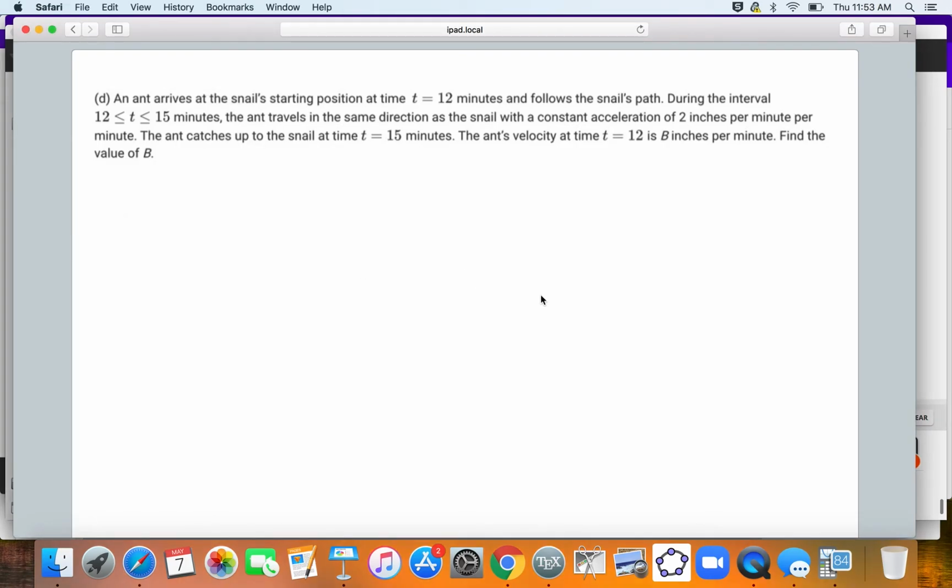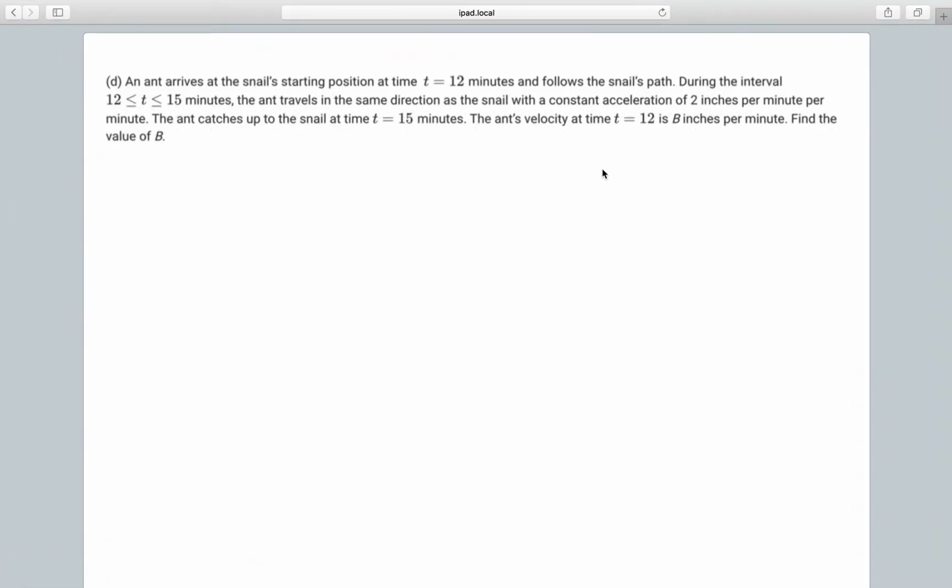All right, so what we're given is the ant's constant acceleration is 2 inches per minute per minute. So the way we get from acceleration to velocity is take the antiderivative, right?